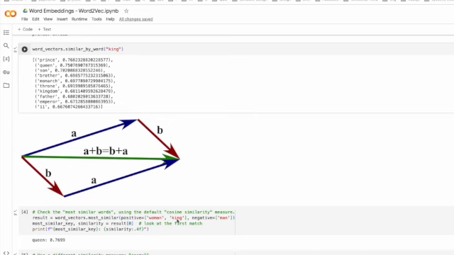Let's take king, let's remove the vector man from it, and then add the woman vector. And if we do this, you would see that the closest word to the resultant vector is queen. So basically this is saying that, take king, replace man with woman, and you get queen.